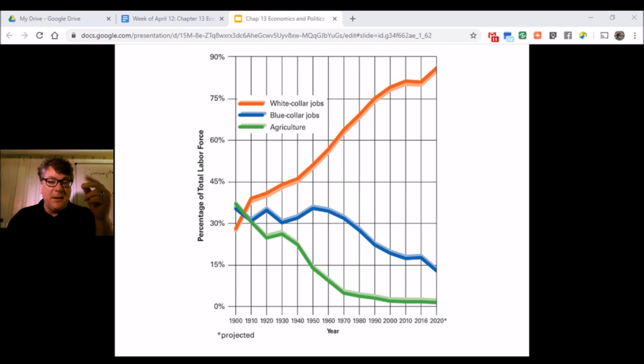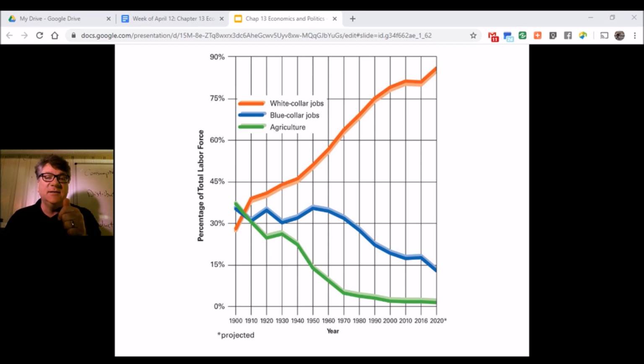And so there's maybe three parts to this you want to think about. Why has the primary sector, why has the number of people working in the primary sector declined since 1900? Why has the percent of people working in blue collar or the secondary sector declined since 1900?